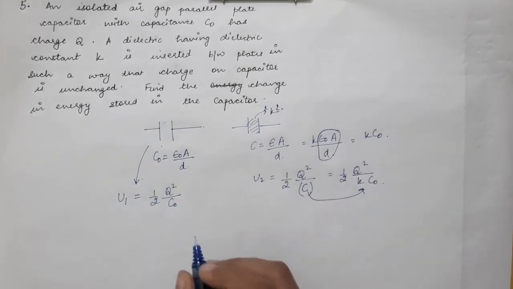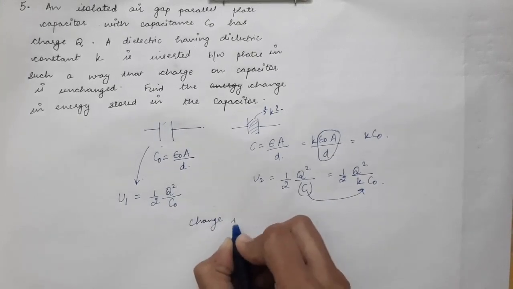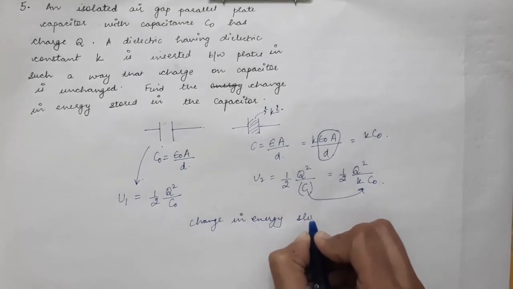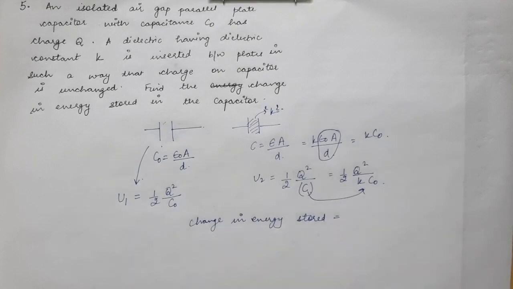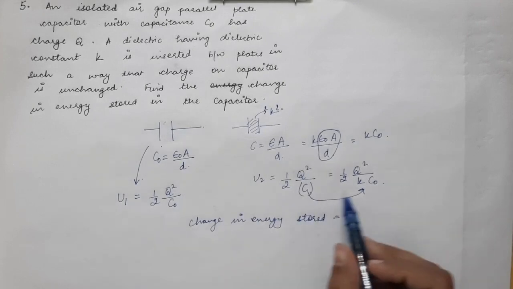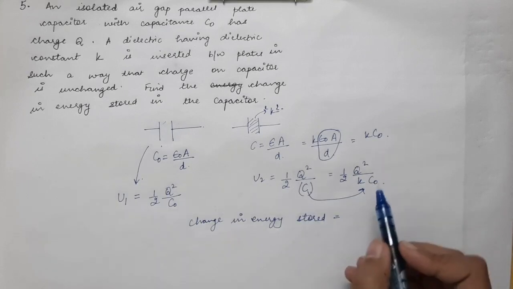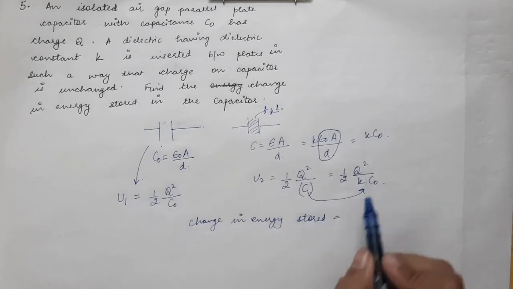So what is the change in the energy? Change in energy stored will be equal to final energy minus the initial energy. Obviously the final energy stored will be less as compared to the energy stored in the first capacitor, because here we have divided by K and here we do not have any such factor.